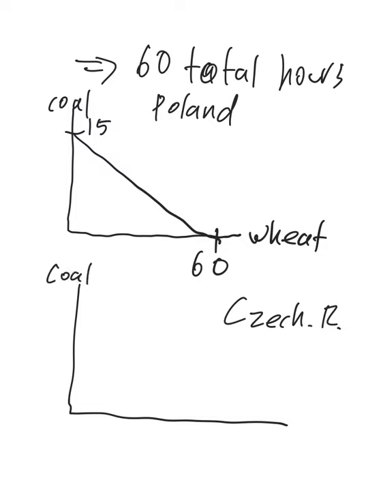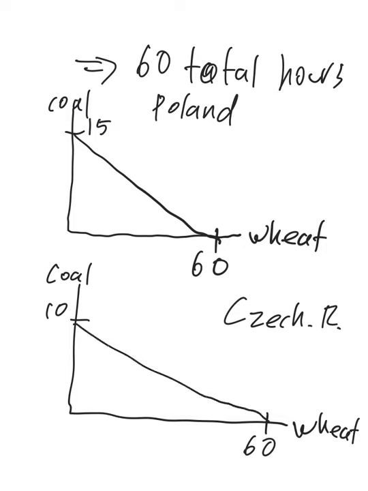It'll look like coal up there, wheat down there, and it will go from 10 to 60. So that gives you the production possibility frontier for the Czech Republic.